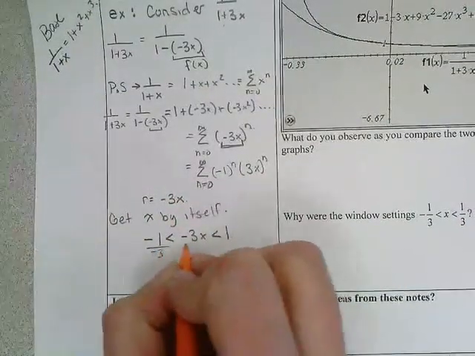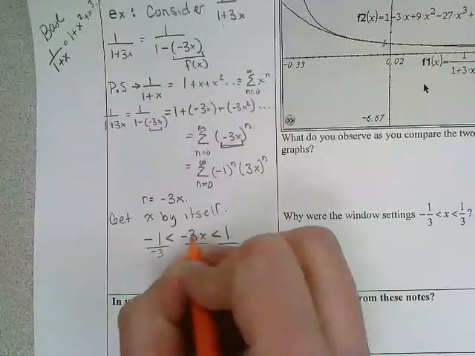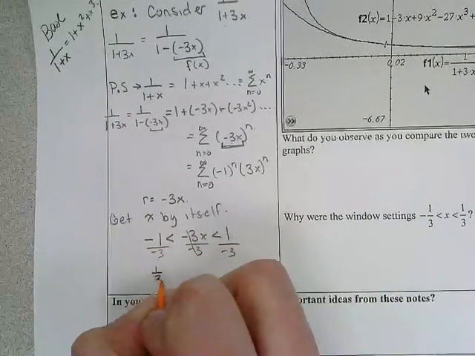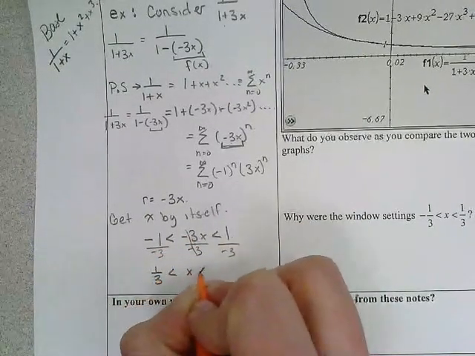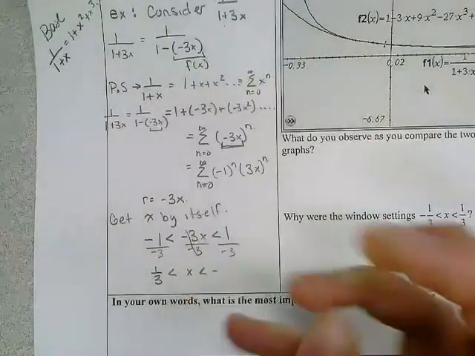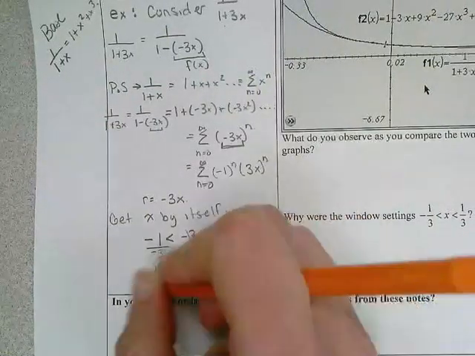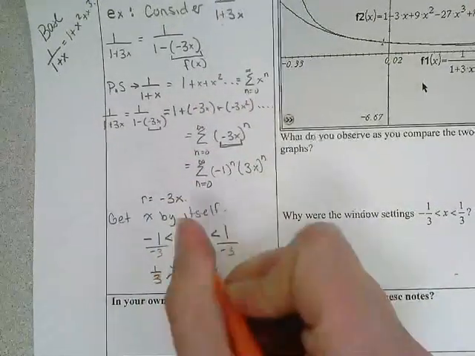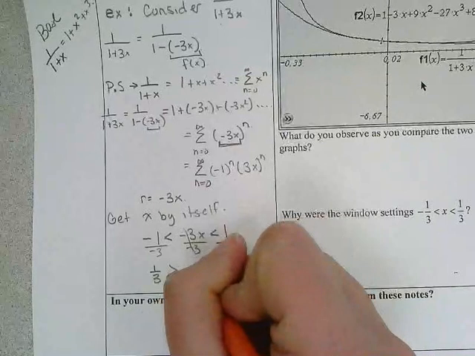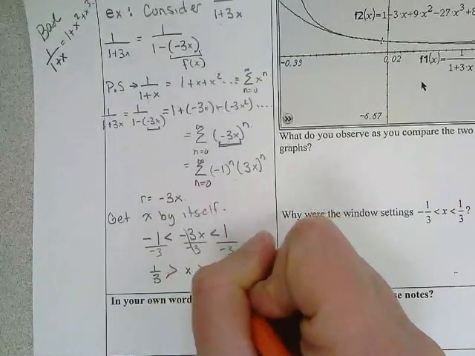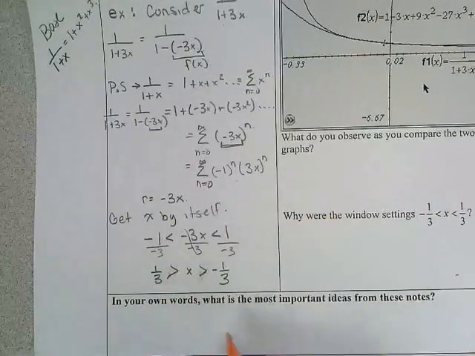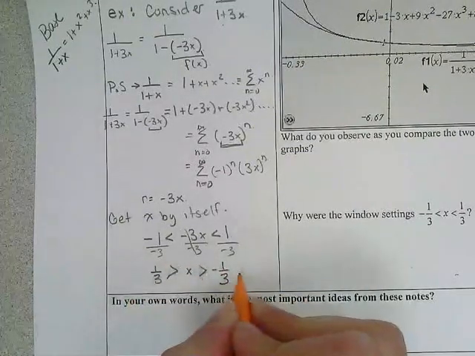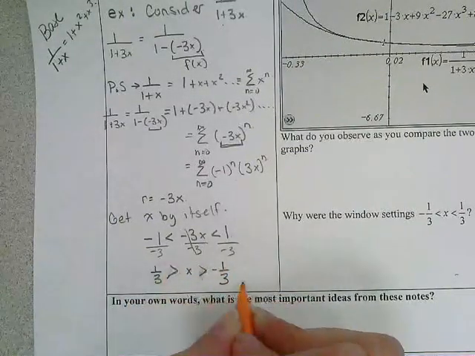So we're going to divide everything by negative 3. So we get 1/3 and negative 1/3. But what happens when you divide by a negative? Oh my gosh, I almost forgot. These guys do what? They flip. So that means that right there is my interval of convergence.